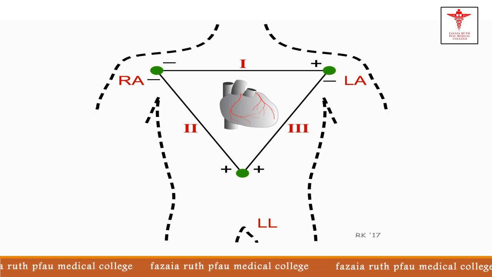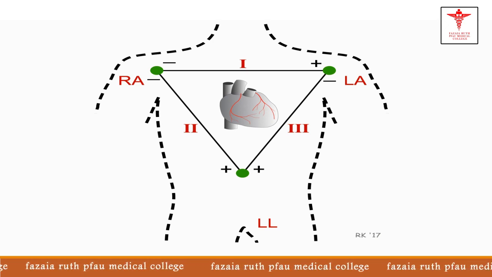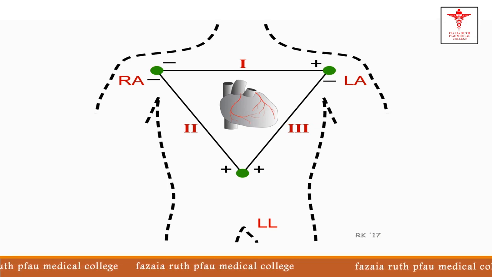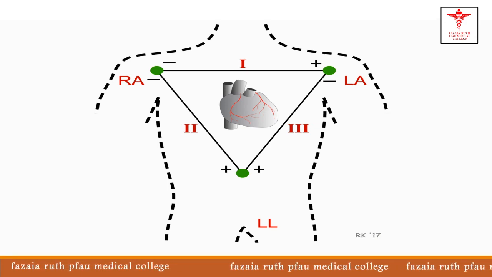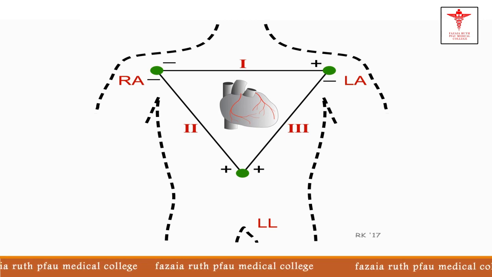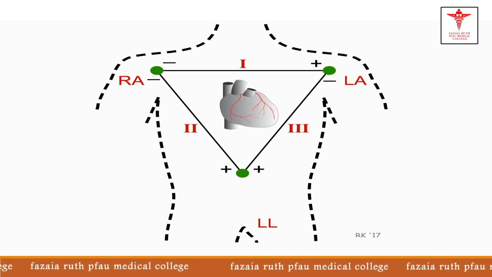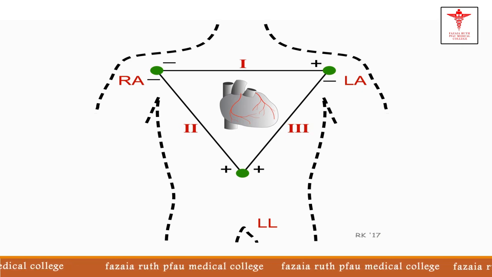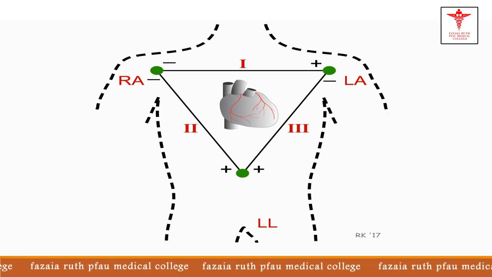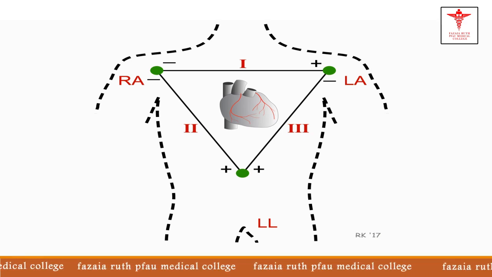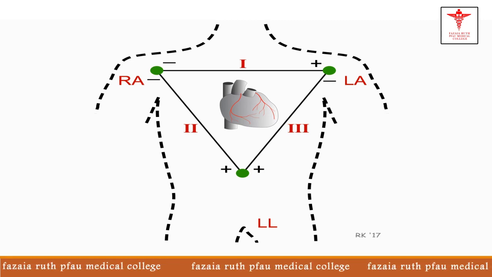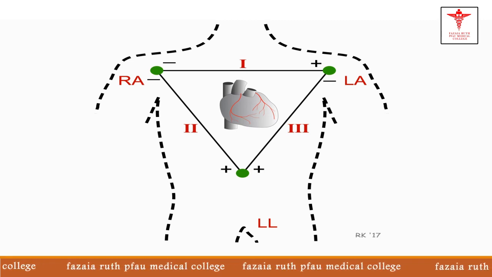You already know these 3 leads are bipolar, which means they need both positive and negative terminals. Lead 1 is from right arm to left arm. Lead 2 is from right arm to left leg. And lead 3 is from left arm to left leg. In this way, it completes the Einthoven triangle, which you already know about.